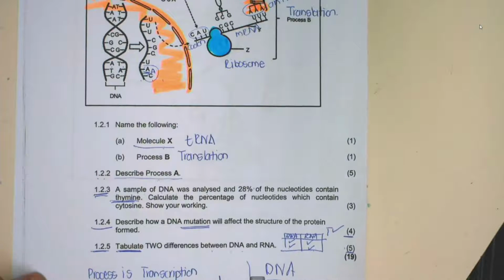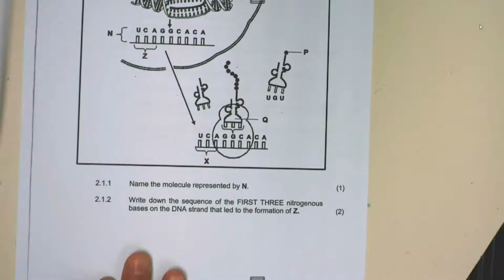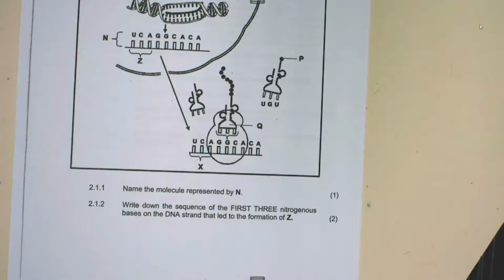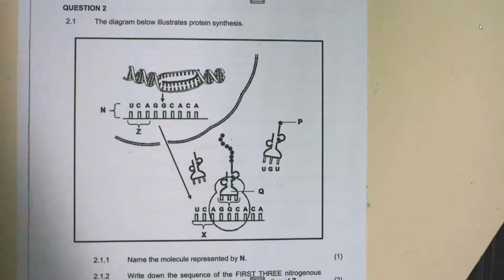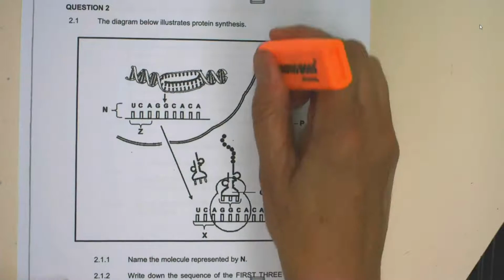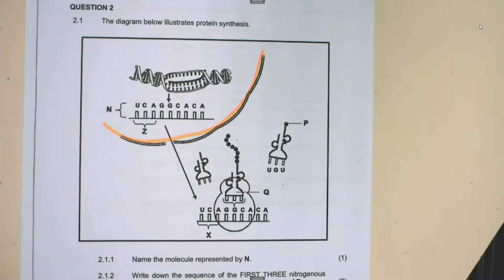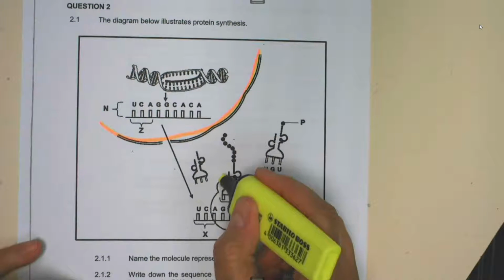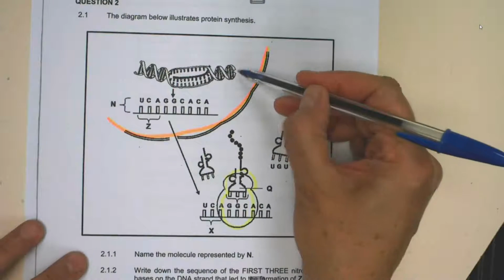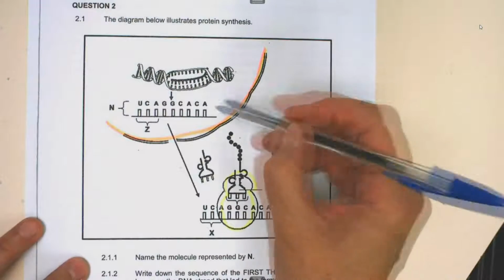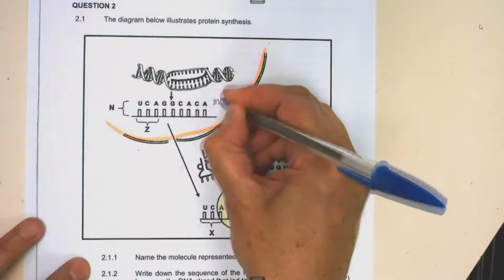All right. Now, we're getting near to the end. Again, we have a diagram regarding protein synthesis. Very important, ladies and gents. There's the nucleus. What are we doing? That is the ribosome. There I can see my DNA. This will be the mRNA.